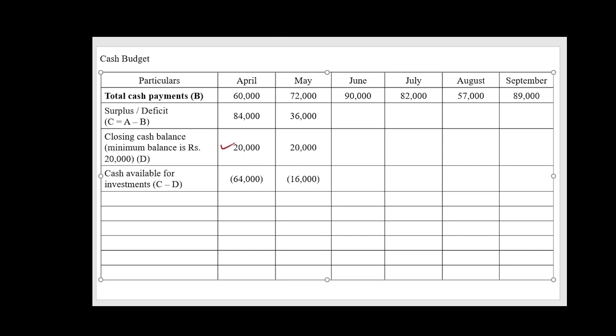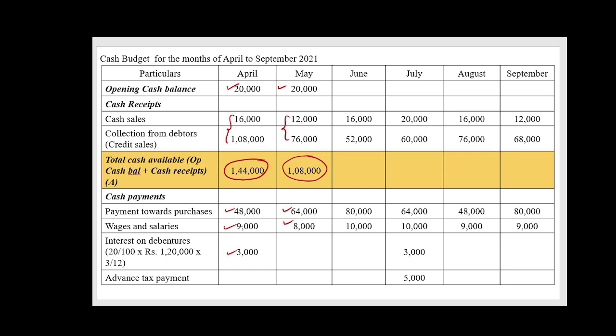The closing cash balance of May is 20,000, which becomes the opening cash balance of June. So June's opening balance is 20,000. So find out what is the total cash available. 20,000 plus 16,000 plus 52,000. The total cash available for the month of June is 88,000.